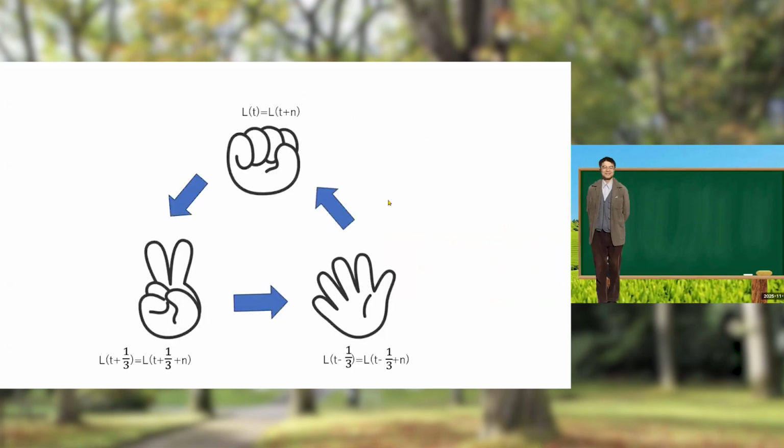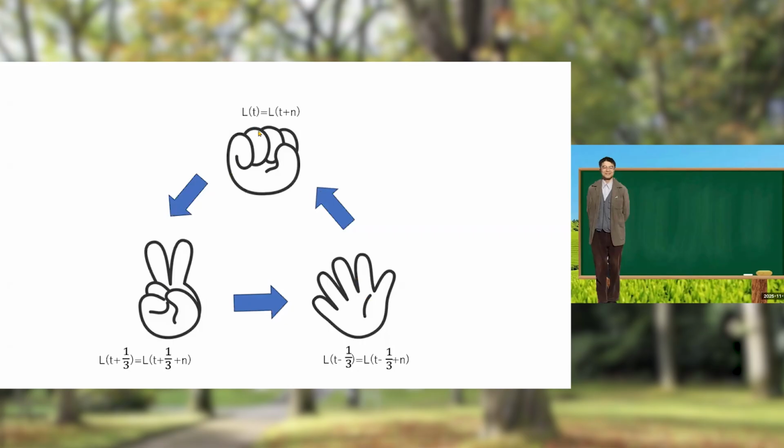And we want to consider three-body motion on this curve. This is the so-called rock, paper, and scissors relation. Rock is stronger than scissors, scissors is stronger than paper, and paper is stronger than rock. And they want to chase each other, or rather, in other words, they want to run away from the stronger one.